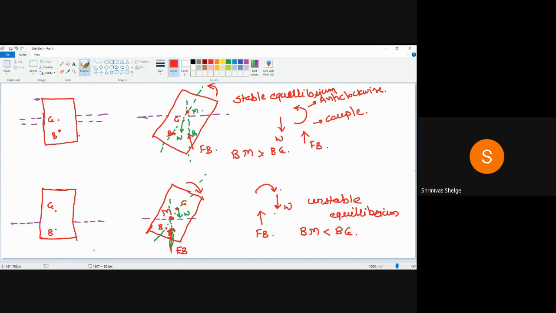What will be the position of M with respect to G?